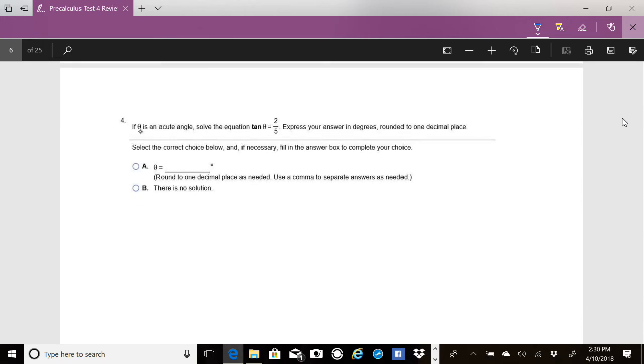Here we've got theta is an acute angle, and we're given an equation that tangent of theta equals 2/5. We want to solve for angle theta. Well, if tangent of theta is equal to 2/5, we can take the inverse tangent of both sides of this equation.